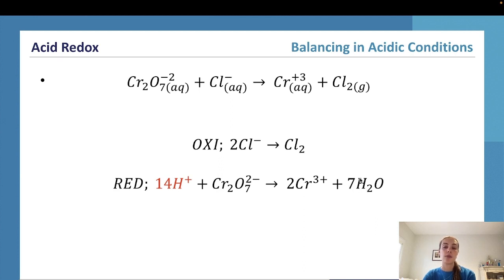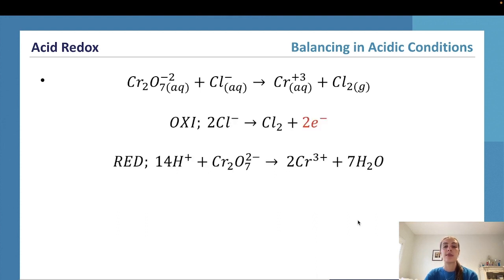So we need to get 14 on the reactant side, so both sides are balanced. We can add 14 hydrogens to the reactant side in the form of H+, or hydrogen ions. So we say we've got 14 H+ now on the reactant side, and 14 hydrogens on both sides of the reaction.